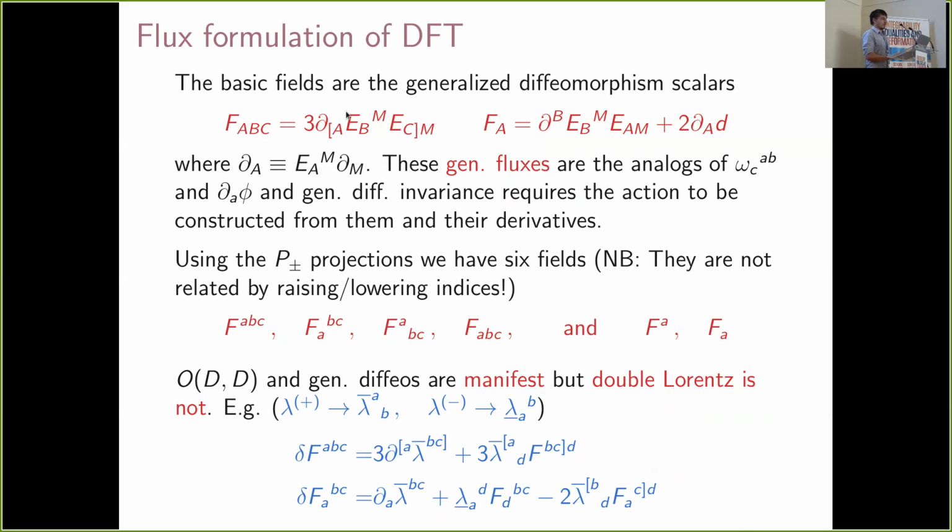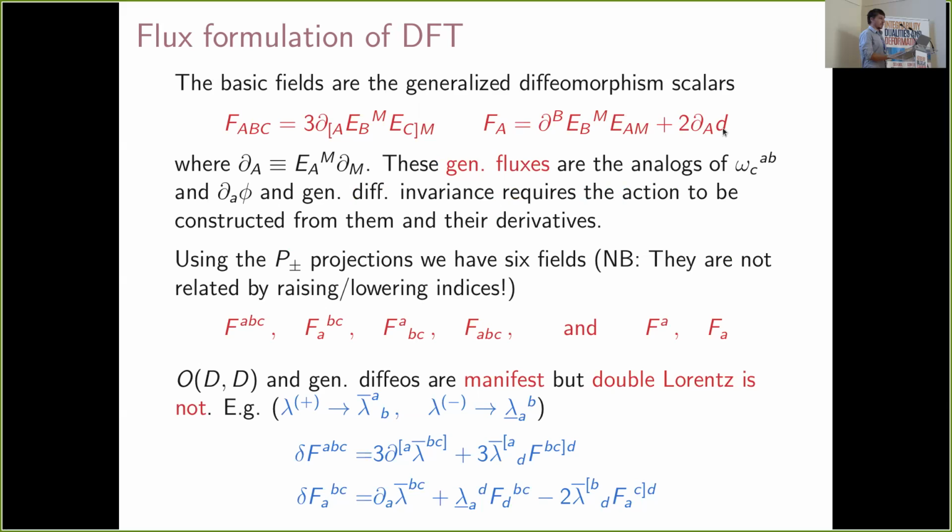It's constructed like this, an antisymmetrized derivative, basically, of this generalized frame field. And there's another 1-index object, which is a kind of divergence of this generalized frame field. And here I've defined this derivative with an A index to just be the coordinate index transformed to the A index via the generalized frame field. Okay, and these two are called generalized fluxes.